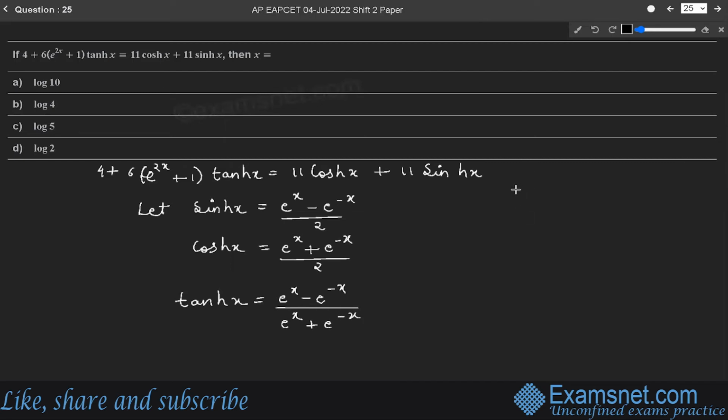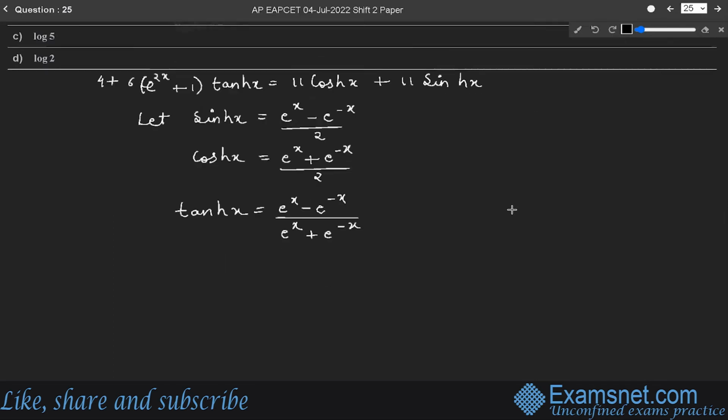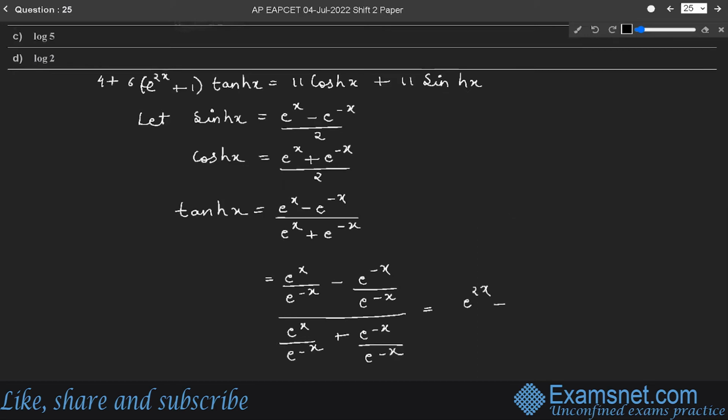Now, dividing this whole term by e^−x, we get e^x divided by e^−x minus e^−x divided by e^−x, and the denominator is e^x divided by e^−x plus e^−x divided by e^−x. On solving, this becomes (e^2x − 1) divided by (e^2x + 1).